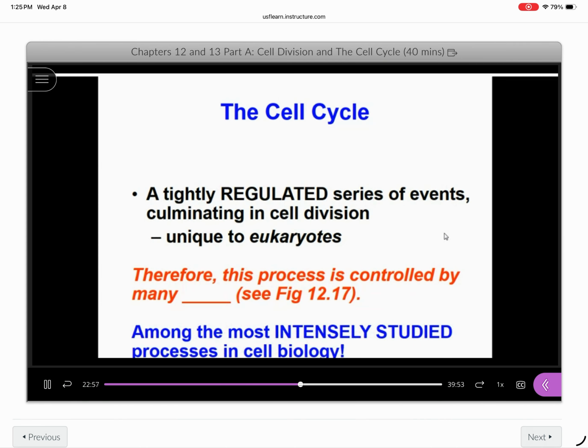I would be remiss if I didn't say that the cell cycle is, in fact, among the most intensely studied processes in cell biology. Why is that? We just love cell division. I'm joking.